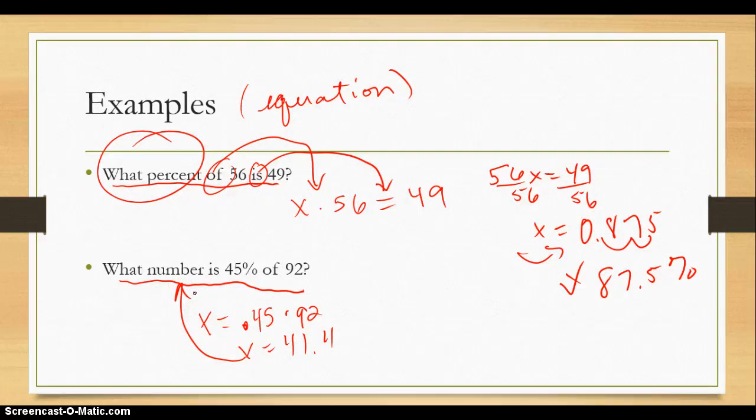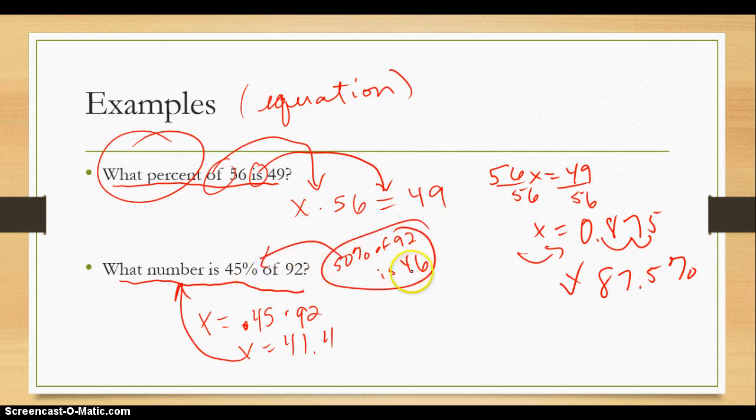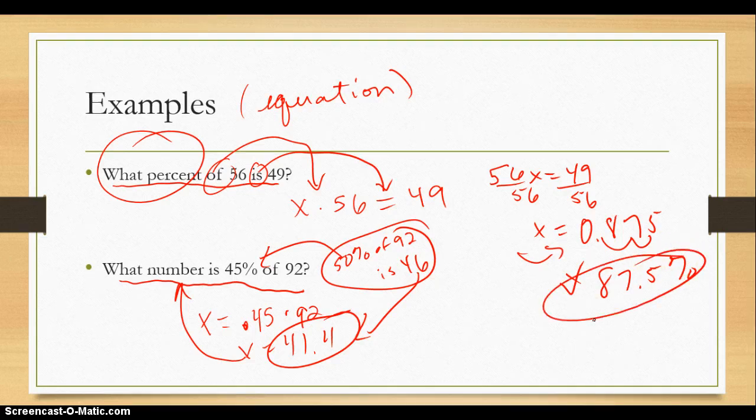And we know half of 92 is 46, so 50% of 92 is 46. We know that 45, you're only going down 5% from here, so it's got to be somewhat close to 46, and it's 41.4. So the answer does make sense. I'm trying to get you to think before you answer the problem of what the solution should be.